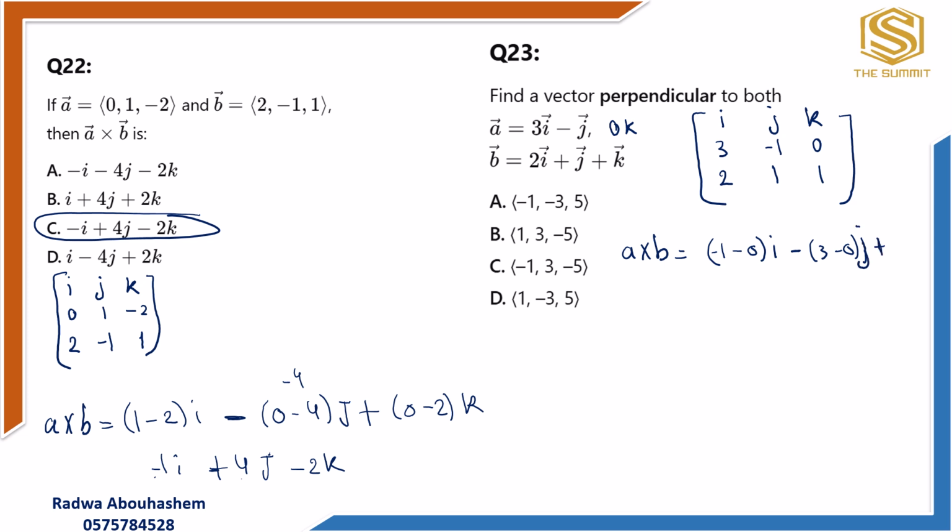Let's go for the k. 3 times 1 is 3, and negative 1 times 2 is negative 2. So here it is, negative i minus 3j plus 1k. So negative 1, negative 3, and 1.